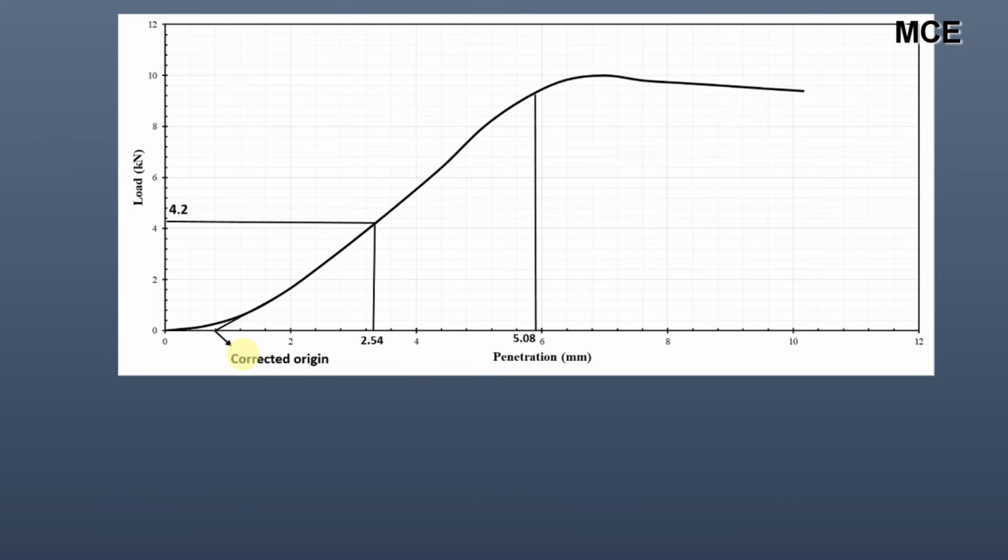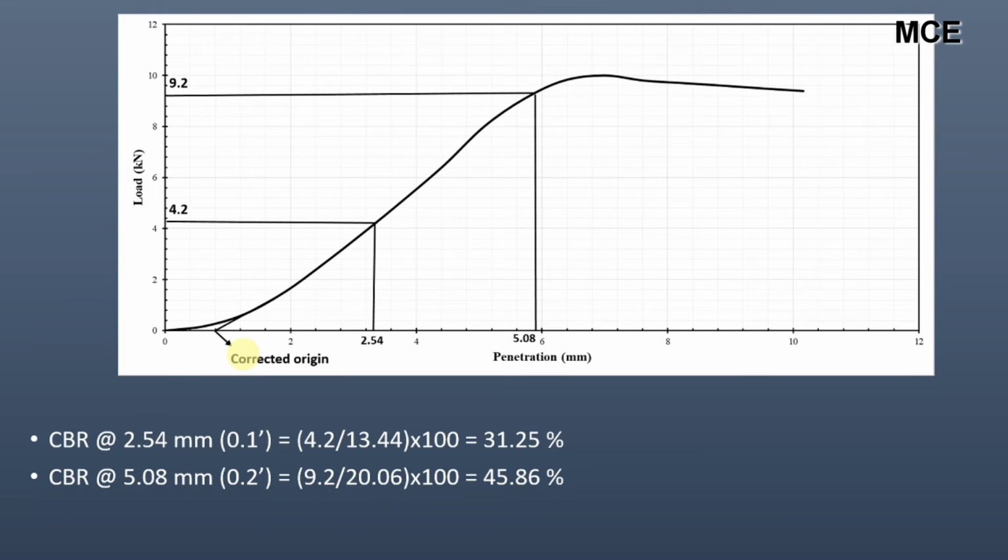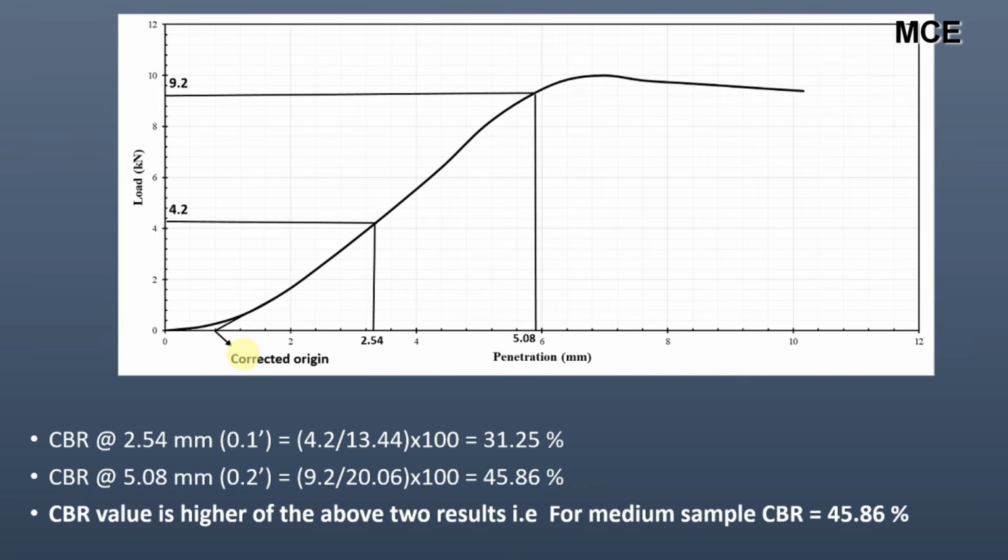Similarly, for 5.08 mm penetration, the same procedure will be followed. So the CBR value for 2.54 mm is equal to 31.25%, and the CBR value for 5.08 mm is equal to 45.86%. Again, the CBR value will be the higher of the above two results. That is, for the medium sample, the CBR value is equal to 45.86%.